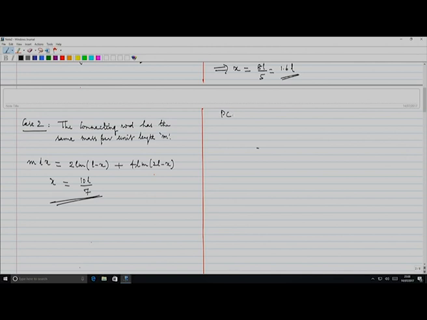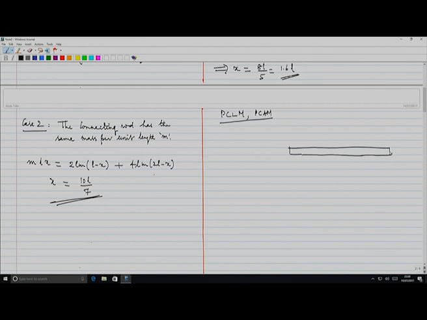Principle of conservation of linear momentum and principle of conservation of orbital angular momentum. I will explain the problem. I have a rod, a uniform rod is on a table, okay, and masses m and 2m strike.